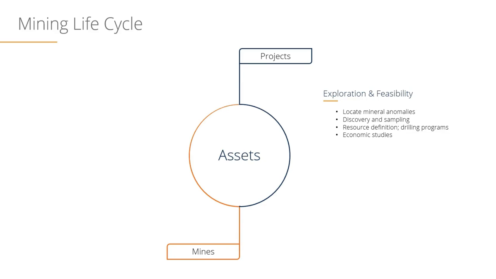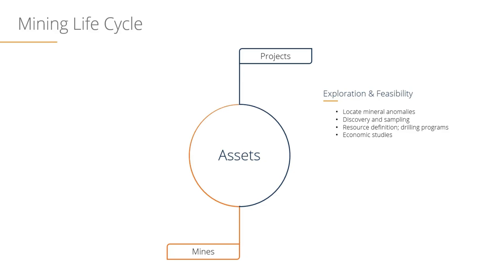The purpose of exploration is to find ores that are economically viable to mine. This starts with locating mineral anomalies or areas that are believed to have high concentration of elements, and then discovering and sampling confirms or denies that there is a find there. This can be further proven through drilling programs and resource definition.